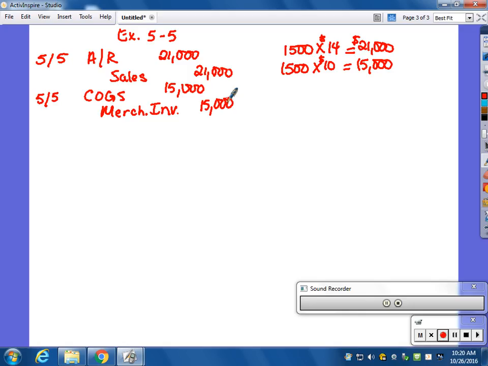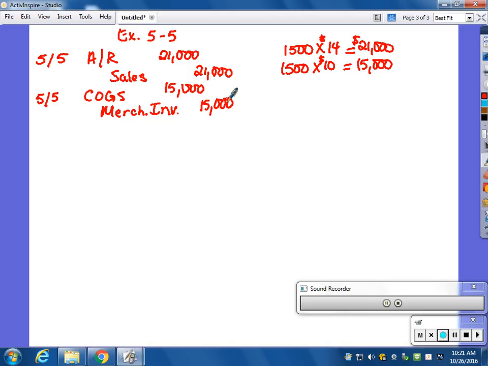Now they want us to record these other things. May 7th, Baker returns 200 units because they did not fit the customer's needs. Allied Parts restores those units to its inventory. So basically the customer is returning back how many units? 200 units.